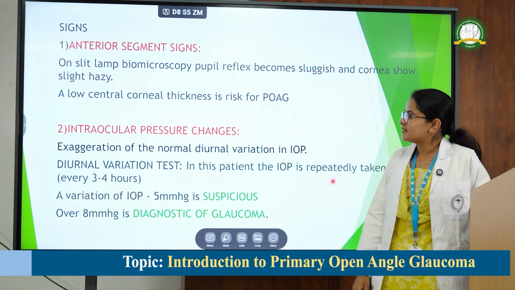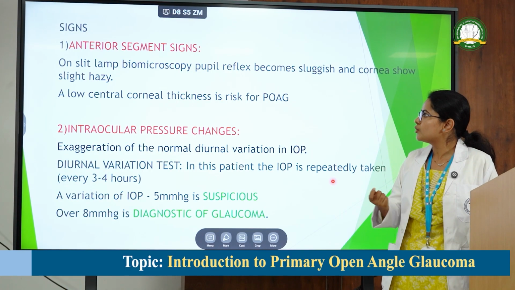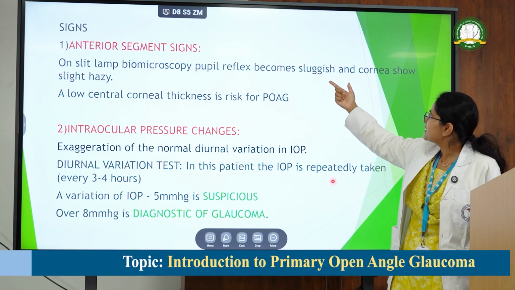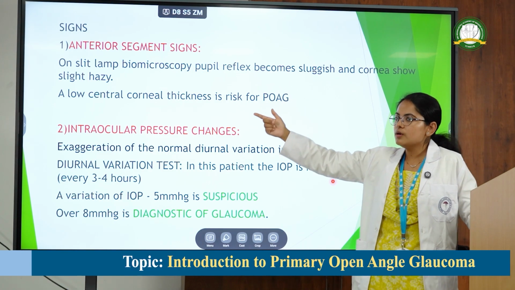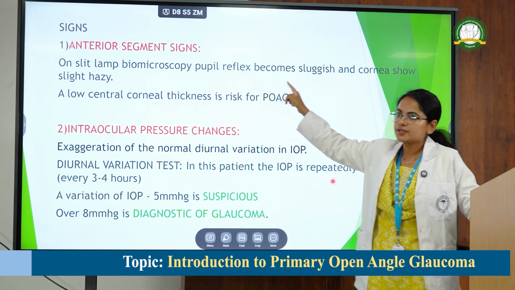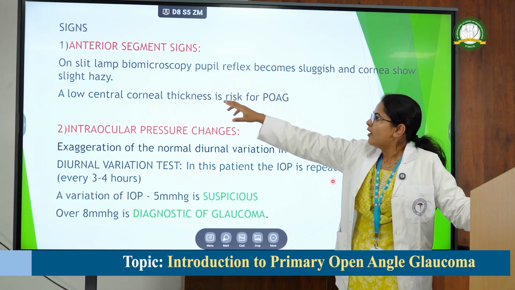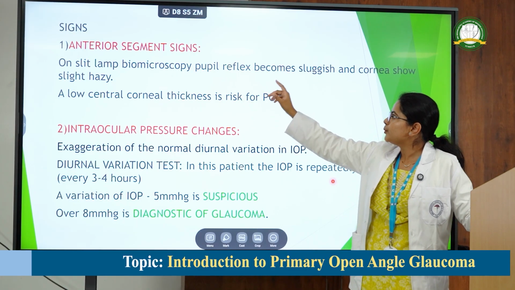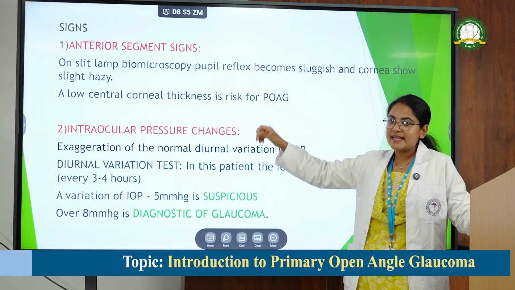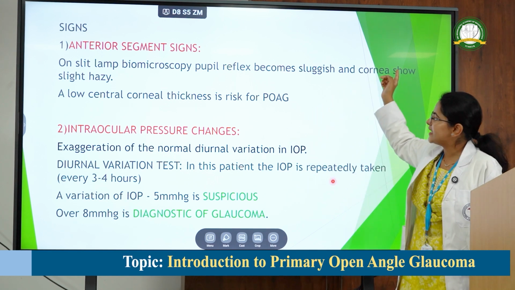Anterior segment signs. On slit lamp biomicroscopy, what will we see in glaucoma? Pupillary reflex becomes sluggish and the cornea shows slight haziness. Why is the cornea hazy here?